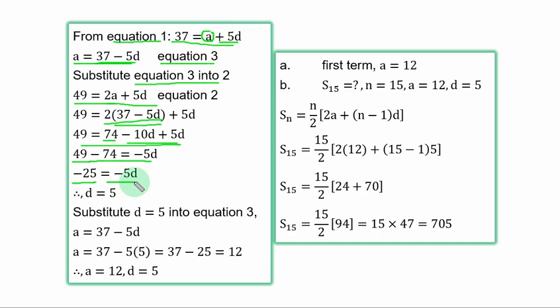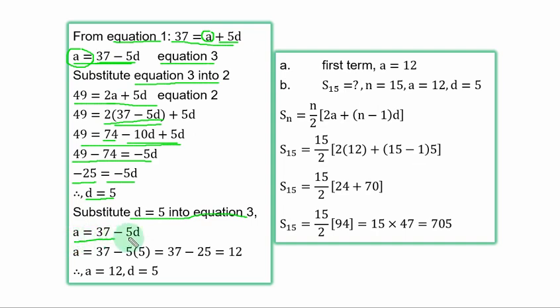Divide both sides by minus 5. When you do that, d becomes 5. To get a, you can substitute the value of d into any of the equations, but equation 3 is better since a is already standing alone.